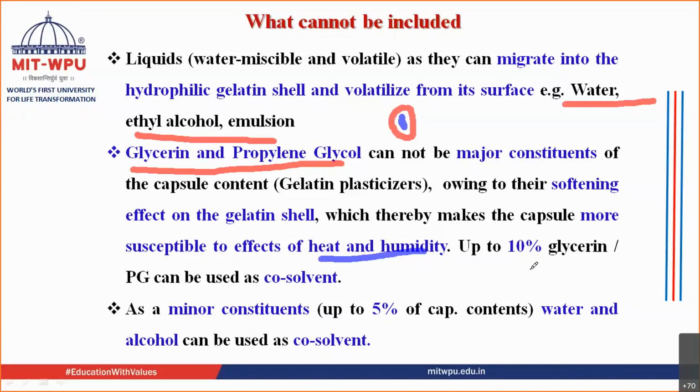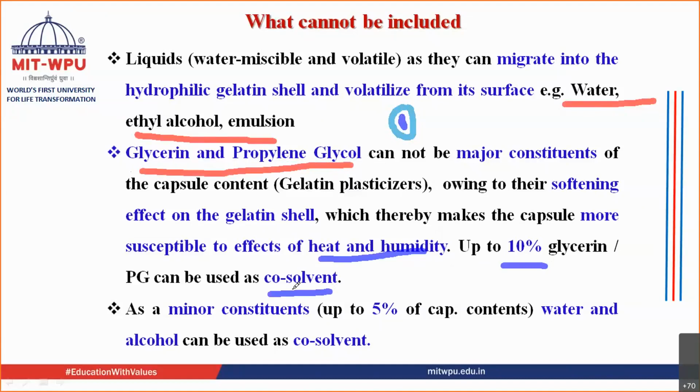Usually you can use glycerin and propylene glycol as a co-solvent, but the quantity should be restricted to 10%. Only 10% of glycerin and propylene glycol can be used as the co-solvent, but as an active ingredient they cannot be packed inside this capsule shell.